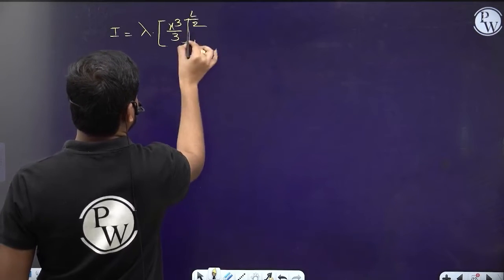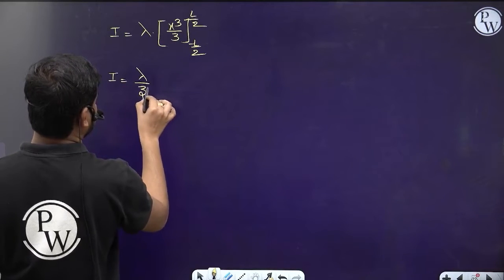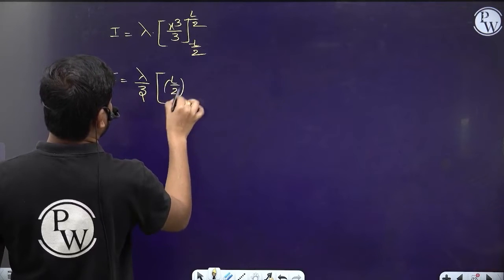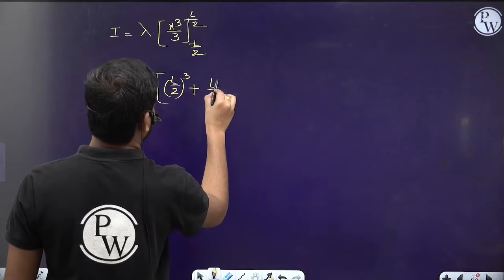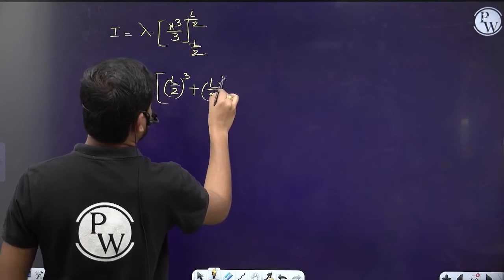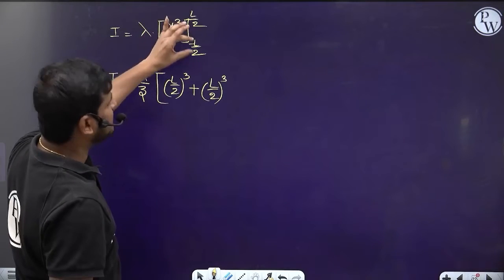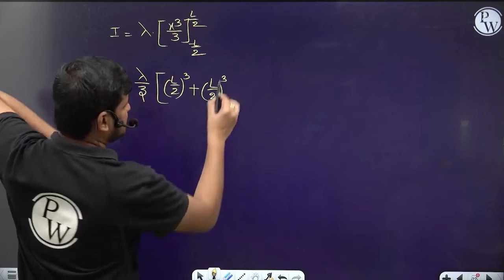Let's take the 3 out as well. So moment of inertia is equal to L by 2 whole cube minus of minus L by 2 whole cube, which I am writing as plus L by 2 whole cube again, because minus of minus becomes plus. Upper limit minus lower limit, and in the lower limit minus is there.